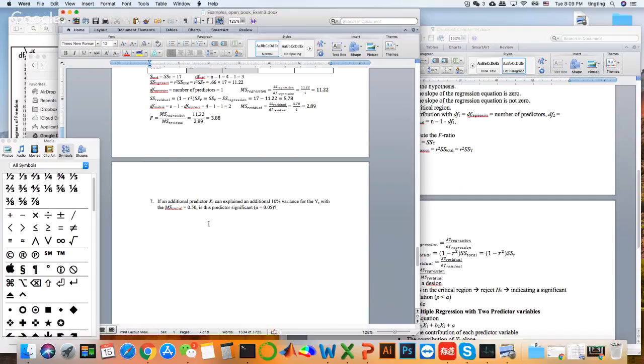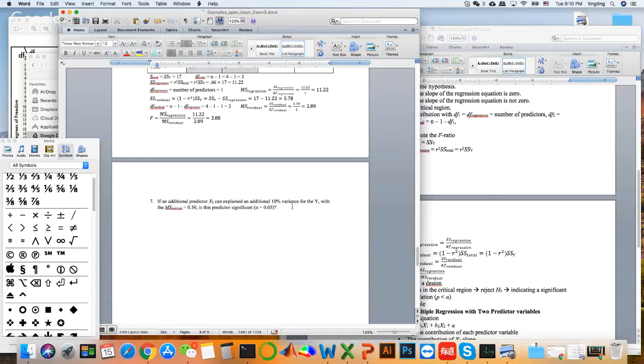The last question. If an additional predictor x2 explained an additional 10% of variance of y, with the MS residual as 0.05, is this predictor significant?